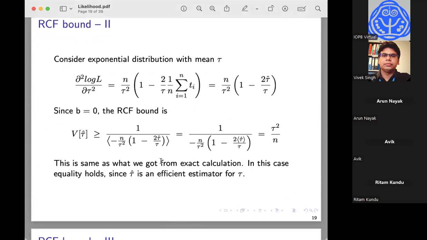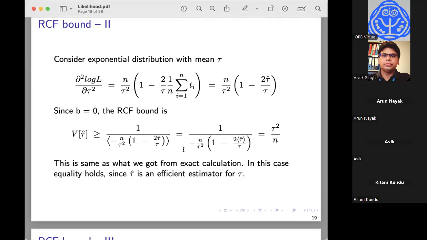Now, if you consider again this same exponential distribution and calculate the variance with respect to tau, then you will get del square log L by del tau square. If you do this expansion, you will get n by tau square times 1 minus 2 tau hat by tau. From this, you can write V of tau hat as 1 over this term that we calculated.